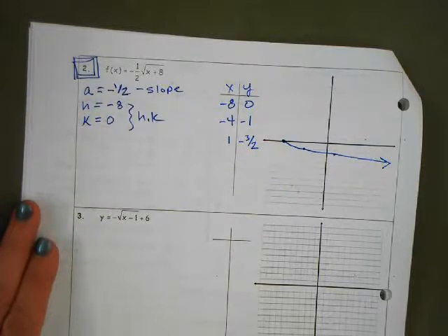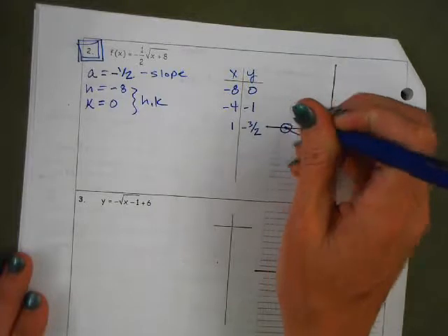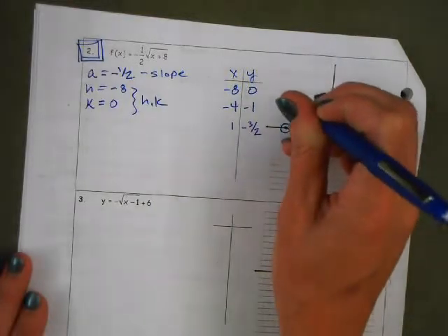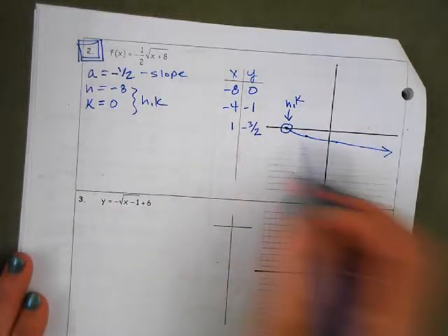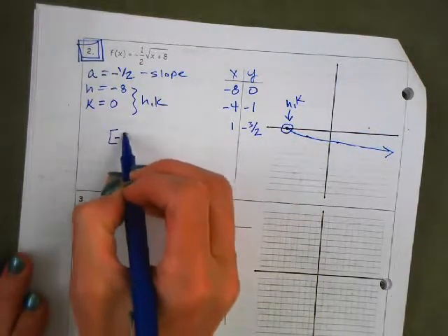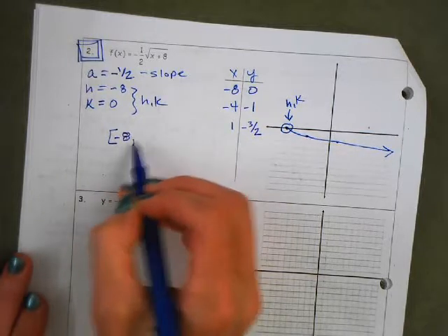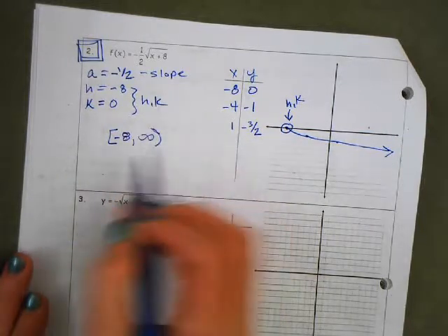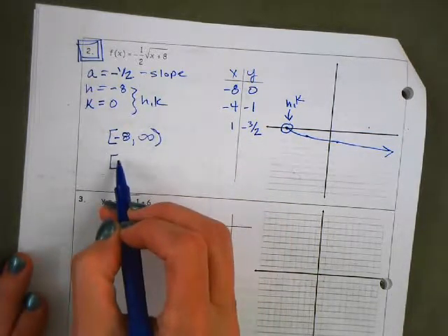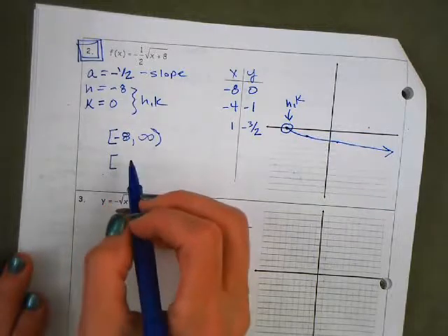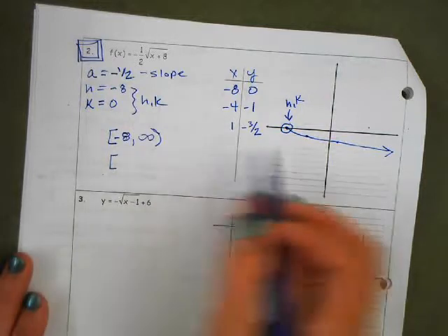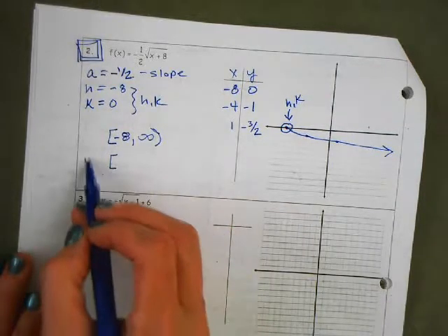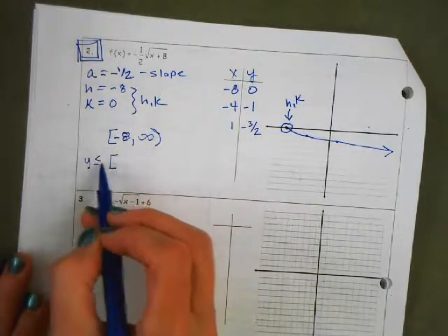Alright, so questions on that? Now remember, this is your starting point, this is your H and K. And it is your starting point, and you just get X bigger. So your domain is always going to be -8, your H value, to infinity. And your Y is going to be K in the fact that that's going to be the beginning or end point, because Y is less than 0.